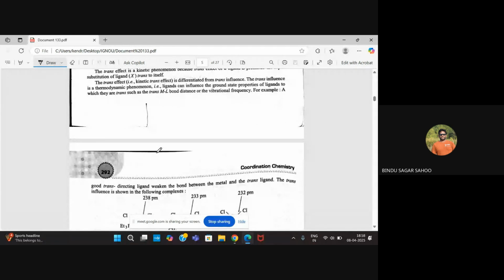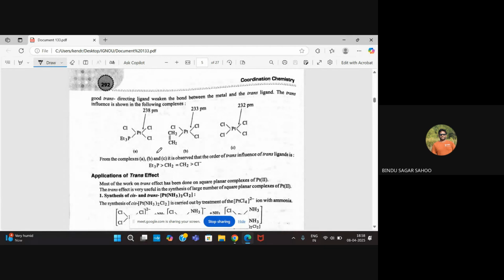When I'm discussing trans influence, we need to check particularly the metal bond length. And out of these three cases, you can see here this platinum-chlorine bond length is bigger. That means this bond is weaker due to the presence of the spectator ligand triethyl phosphine, which has a larger trans effect that makes this bond weaker. So the removal of chlorine from this metal complex will be easier.